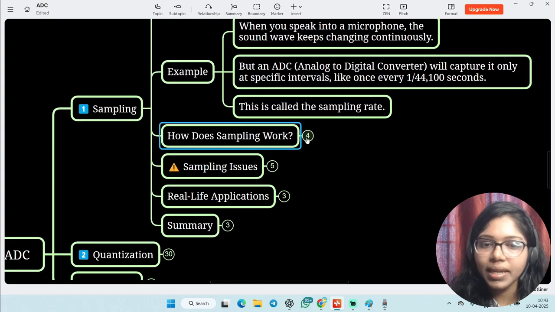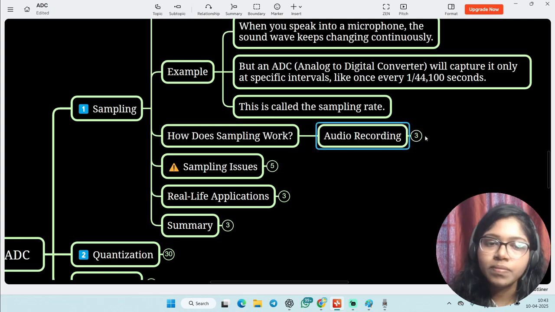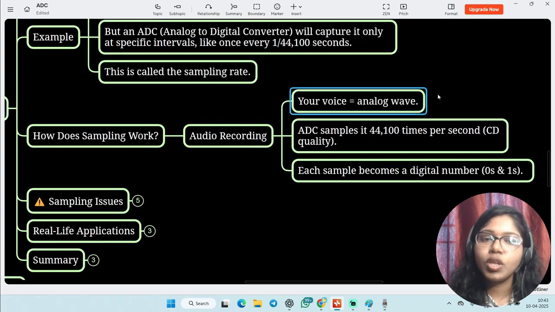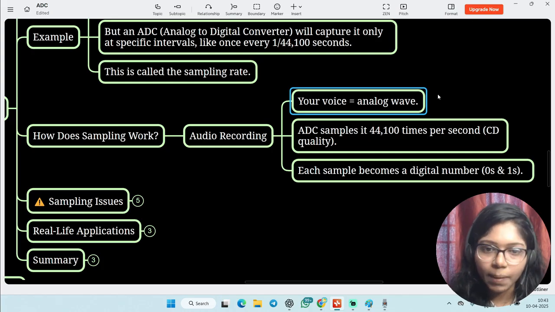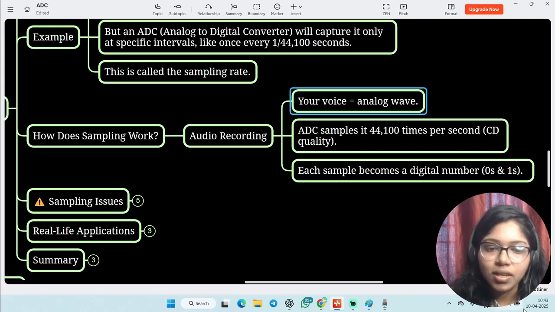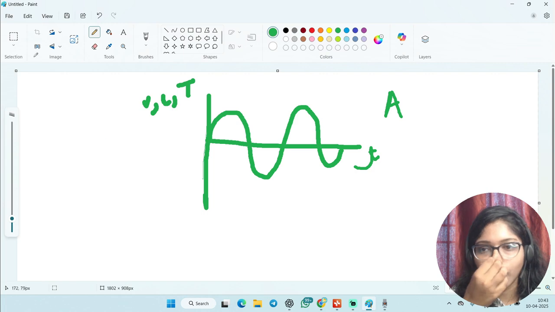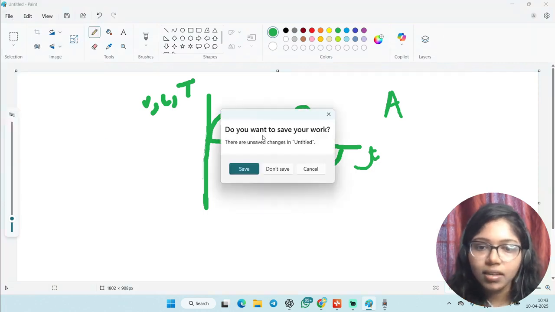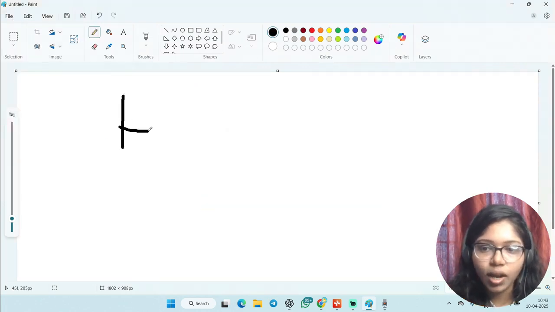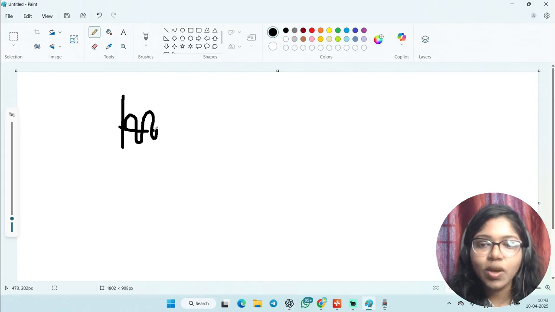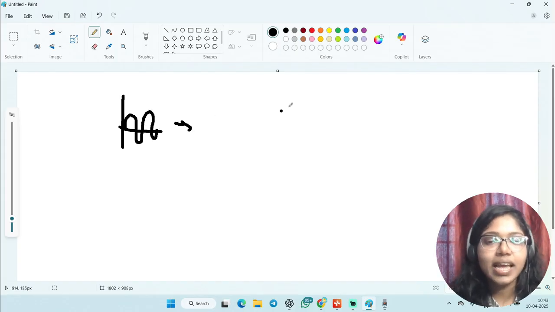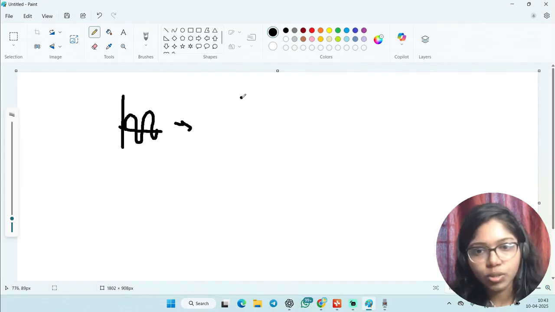And how is sampling actually going to work? First of all, your voice is your actual analog data. So that analog data gets sampled. How many samples do you get per second? 44,100. So the simple thing is, guys, your voice is actually analog data, and this analog data is converted into a sampled one.